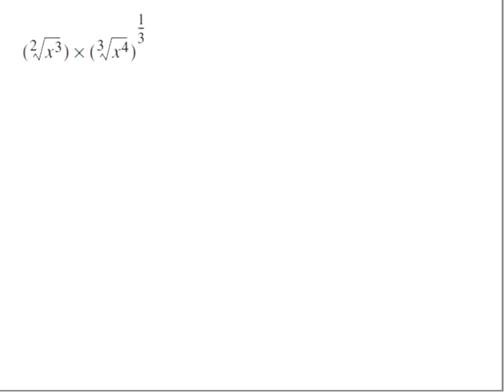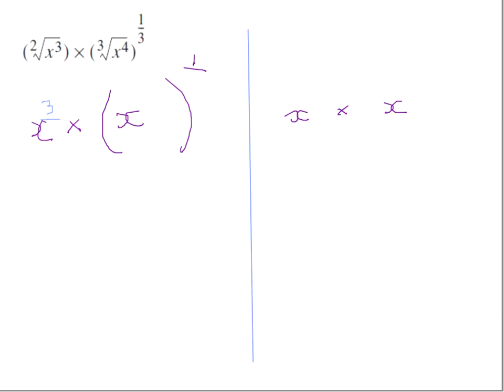Okay, another one for you. And I'll help you just with writing because my pen is a bit more flexible. So you have x times x, and you can write the indices. x times x. Okay, and now put brackets first. So simplify inside the brackets first.